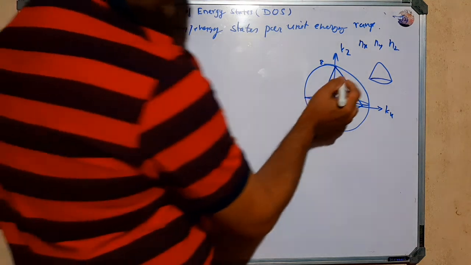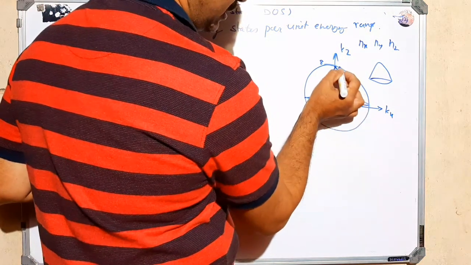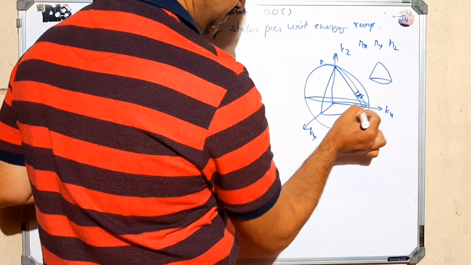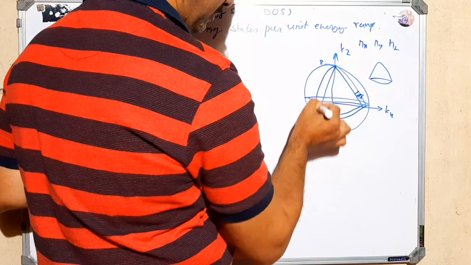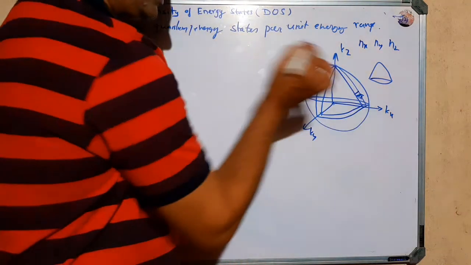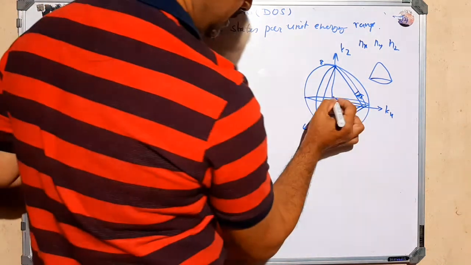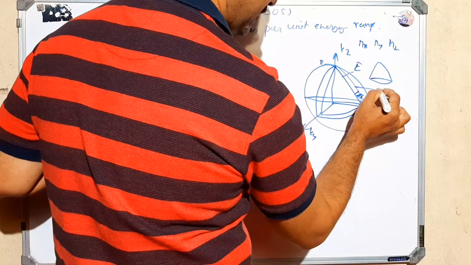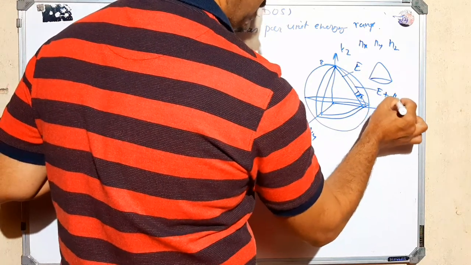This octant has thickness equal to dE. That means if this indicates the energy E, then this indicates the energy E plus dE.